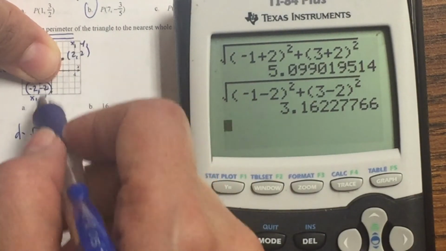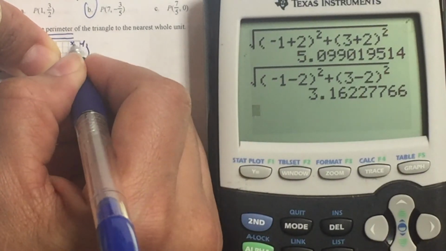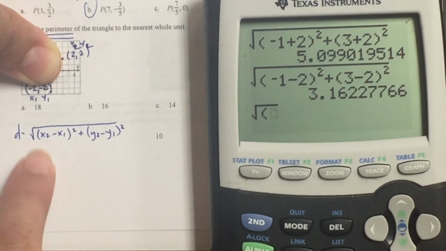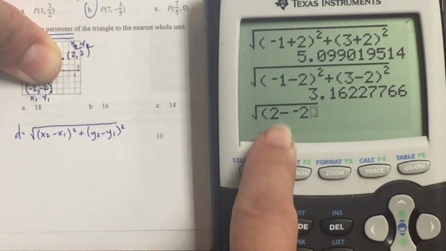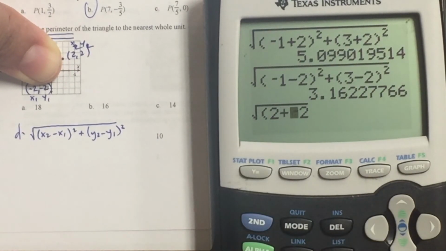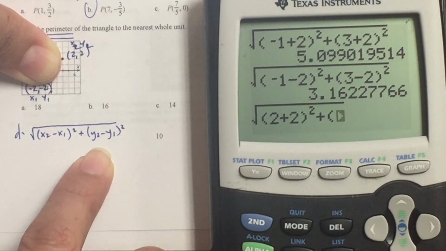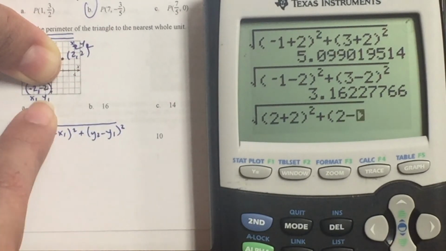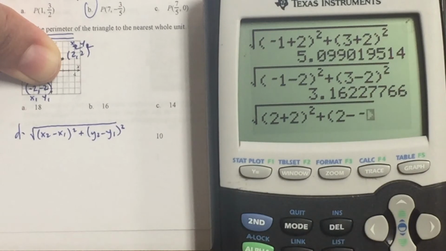Since I have them labeled like that, I'm just going to change one of these to 2's. So the square root of (x2, which is 2, minus x1, which is negative 2). Again, change the sign, so that's going to be plus 2, squared, plus (y2, which is 2, minus y1, which is negative 2). Again, two negatives make a positive, squared.